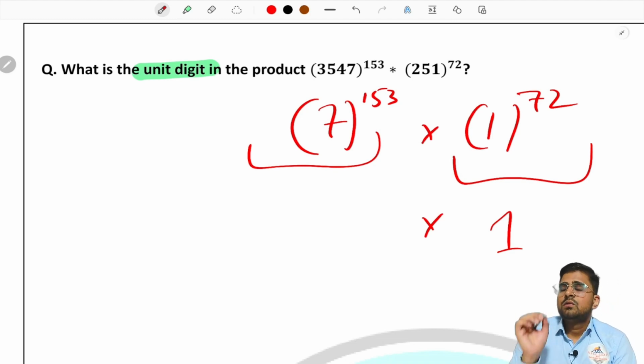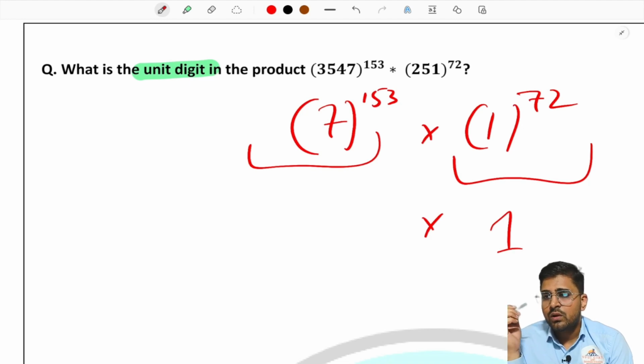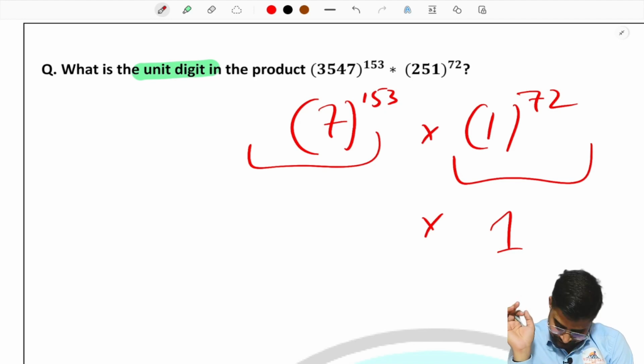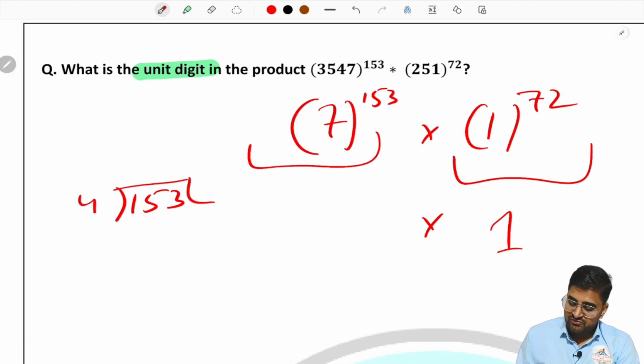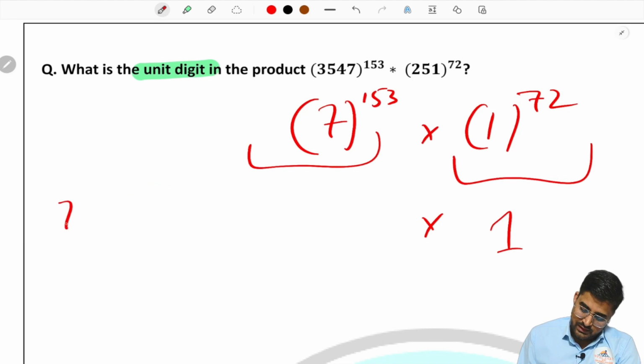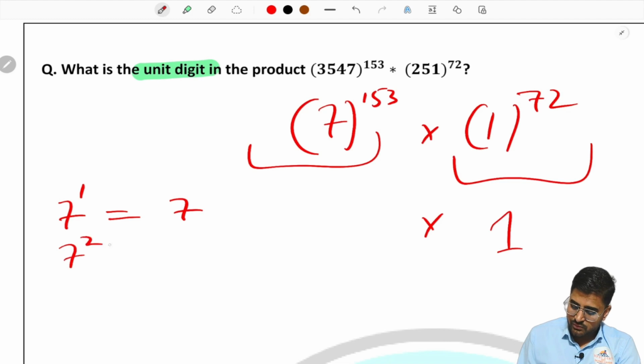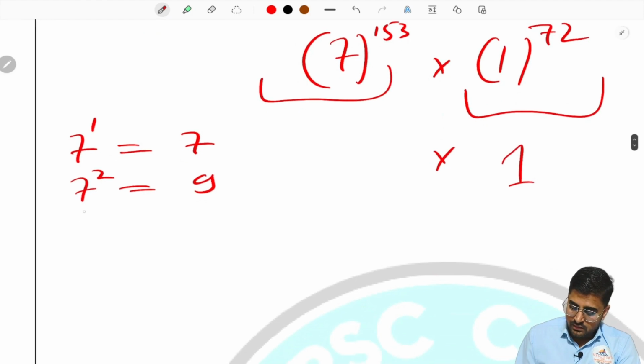So in this case, try to recall what we have studied so far. 7 to the power 153. In case of 7, you have to divide the power by 4. Why? See, take the explanation also. When you write 7 to the power 1, it becomes 7 only. 7 to the power 2 gives you 49, at the end 9. 7 to the power 3 gives you 3 at the end.